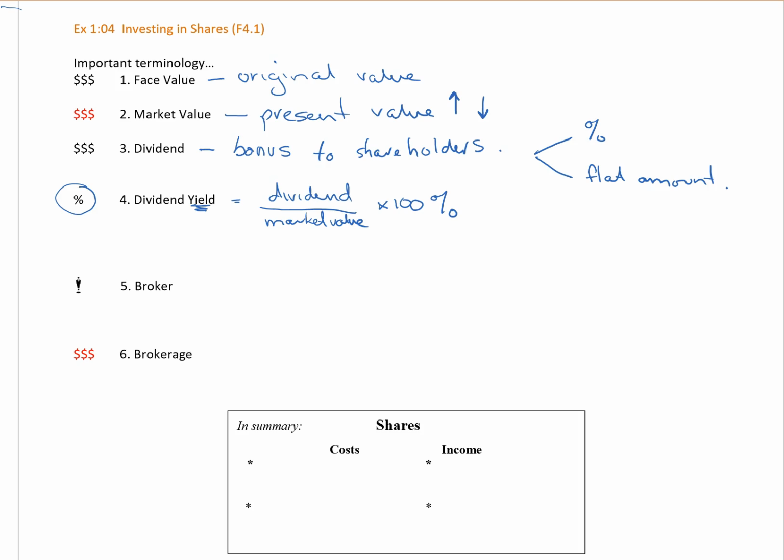The ways that they can be different is they may or may not talk about a broker and brokerage. So the broker is actually the person, the buyer. So you might employ a buyer or seller. This is someone who actually does the work for you in buying the shares.